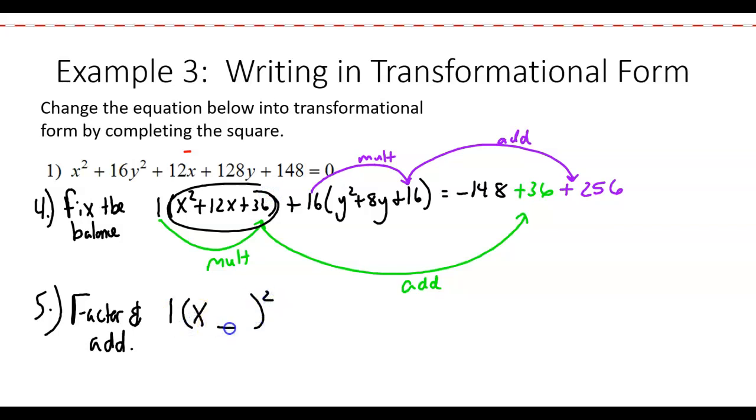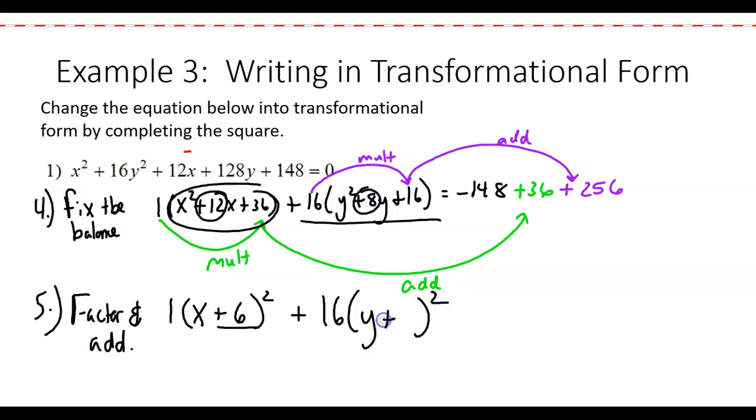All we have to figure out is that number there, and once again, it'll always be half of this, so that's plus 6. Same thing with this guy here. It's going to look like this. Half the middle number is 4. So that's factoring, but we also want to add all these numbers over here on this side. And that gives me 144.